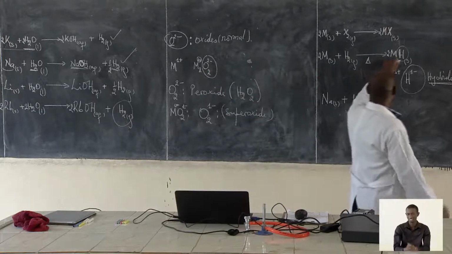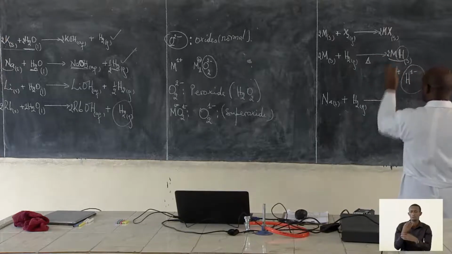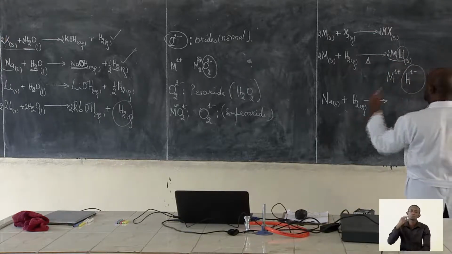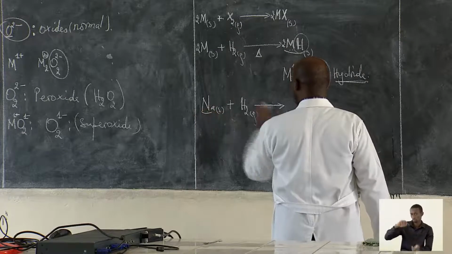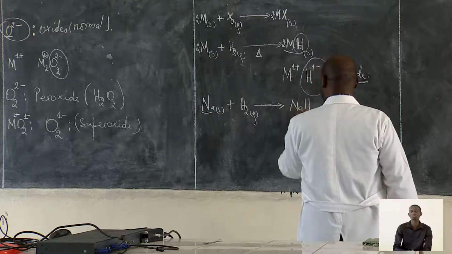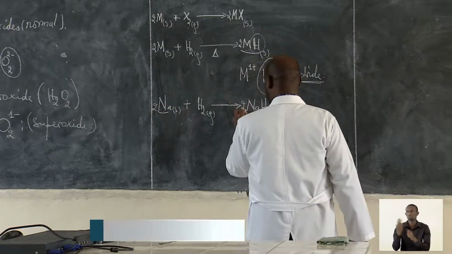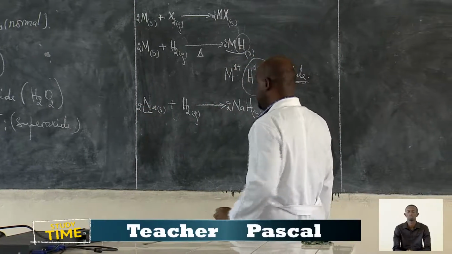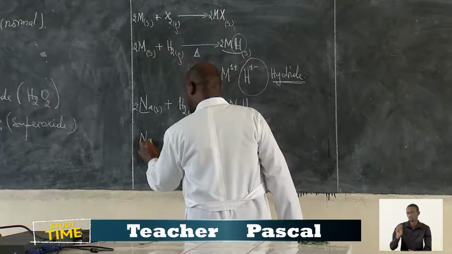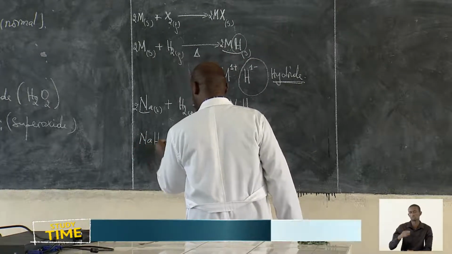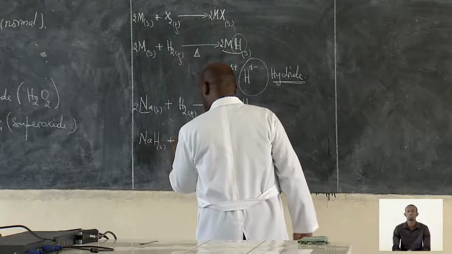We said that they produce hydrides, and it is MH, the general molecular formula. M here stands for sodium, so we have sodium hydride, which is solid, and we put 2 and 2. And then it is said sodium hydride, or these hydrides generally, they are basic in nature.